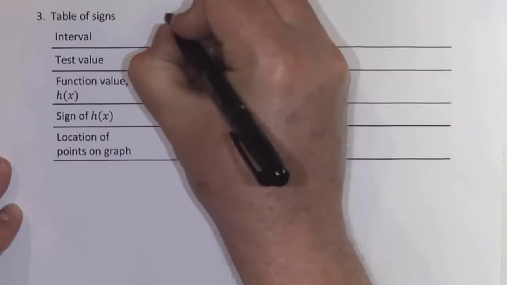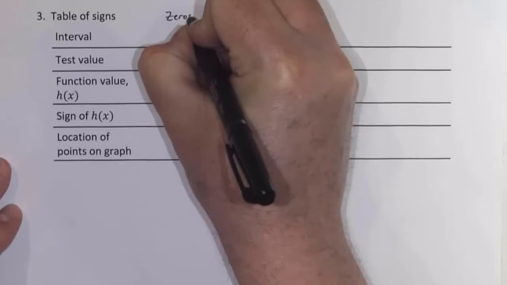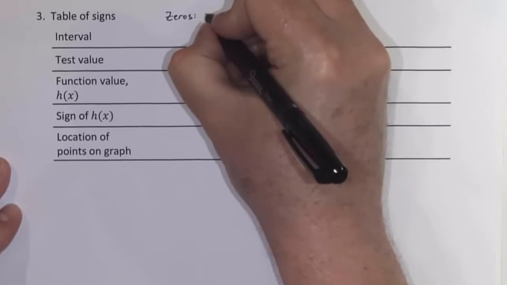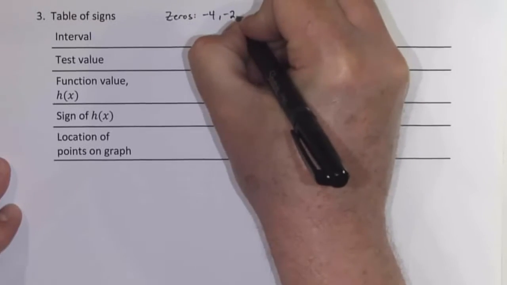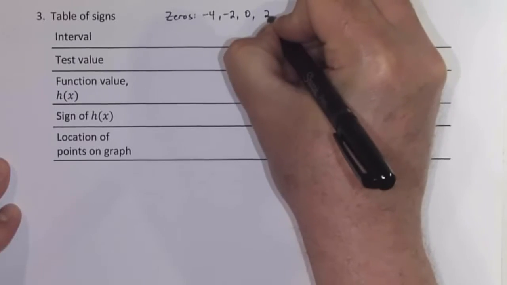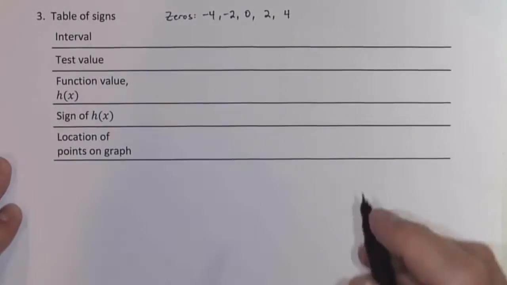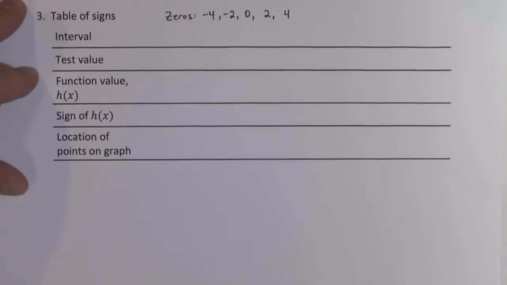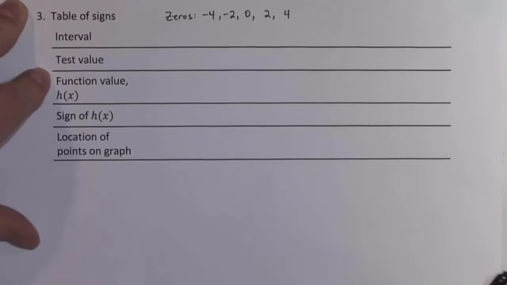So again, our zeros, we had 5 of them, are negative 4, negative 2, 0, 2, and 4. So those 5 zeros are going to create 6 intervals for us.